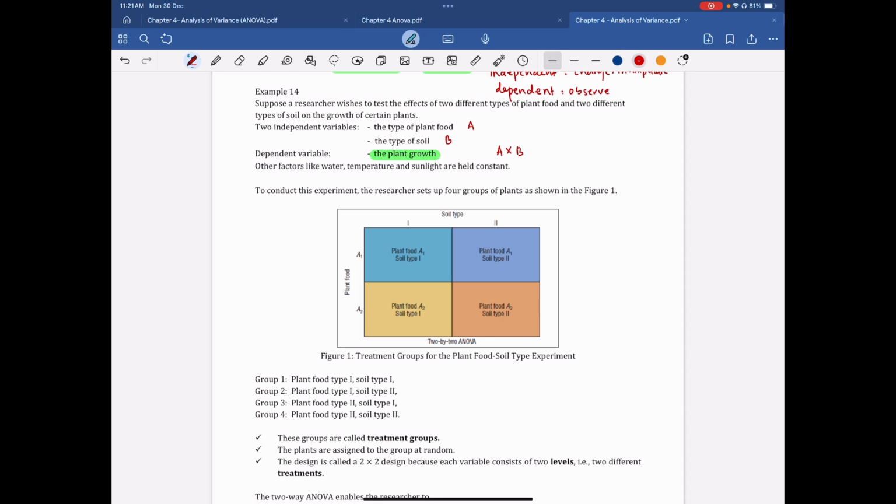Since you will change these two factors, you will manipulate them to see what happens. We say that these are independent variables. The design involved in this particular study is two-way analysis of variance.